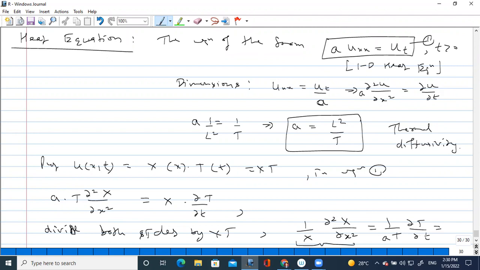This is also independent, purely a function of t. So this can be possible only when it is equal to some constant. Suppose we take it as minus lambda square. So this is our constant. Okay. So from here we can make 2 ODEs, and those ODEs will be solved. Note this down.